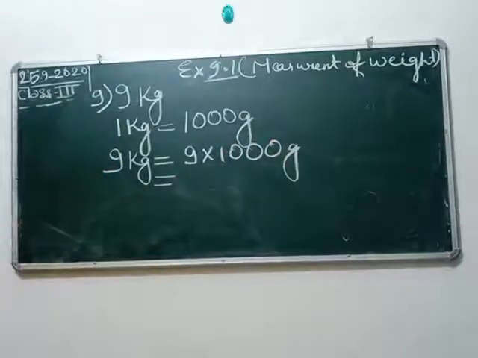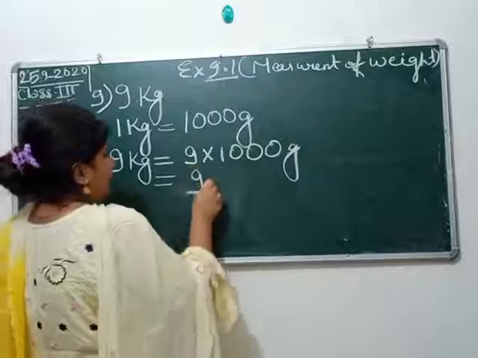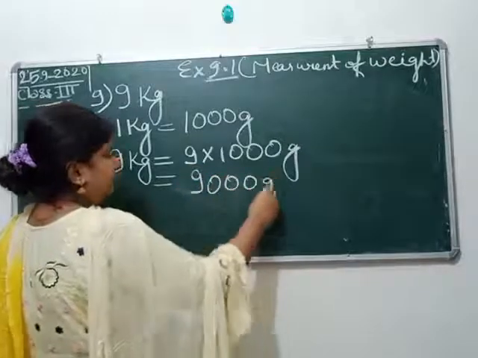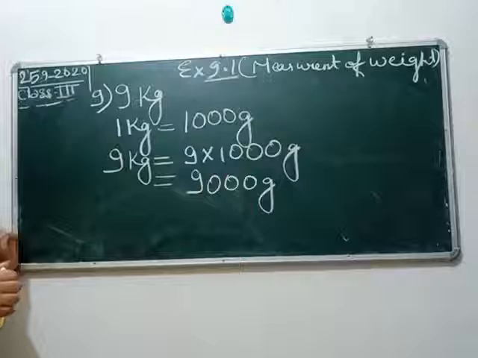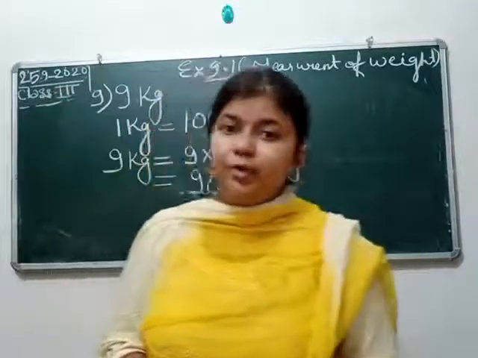Come on, do the multiplication and tell me the answer. Okay. So 9 into 1000, you will get 9000 gram. 9 kg equals 9000 gram.